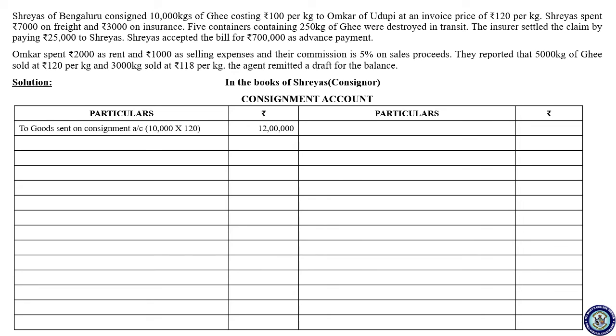Next, Shreyas spent 7,000 as freight and 3,000 on insurance. So Shreyas is the consignor, so it is to bank account, because the expenses were incurred by the consignor.